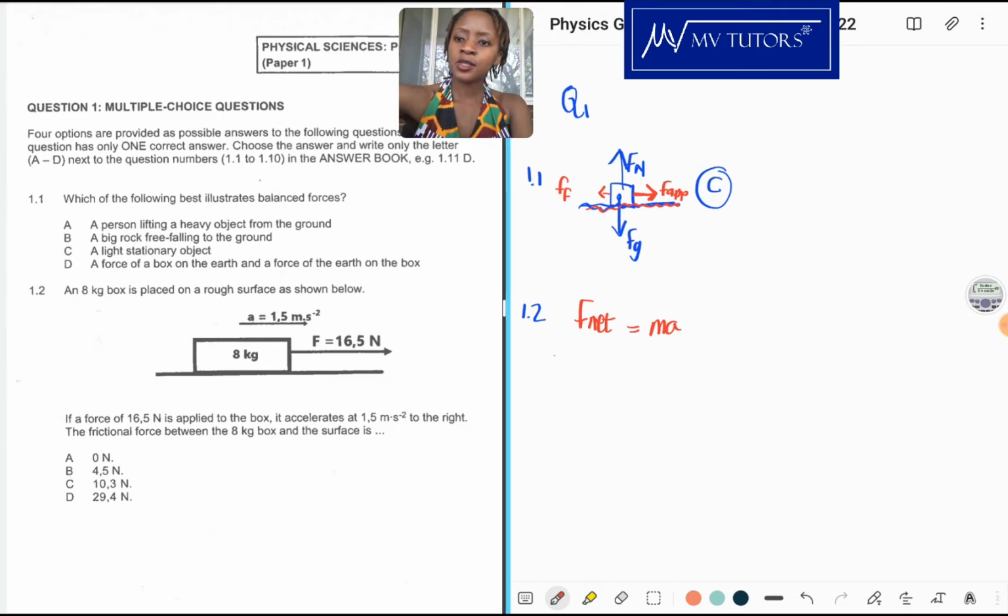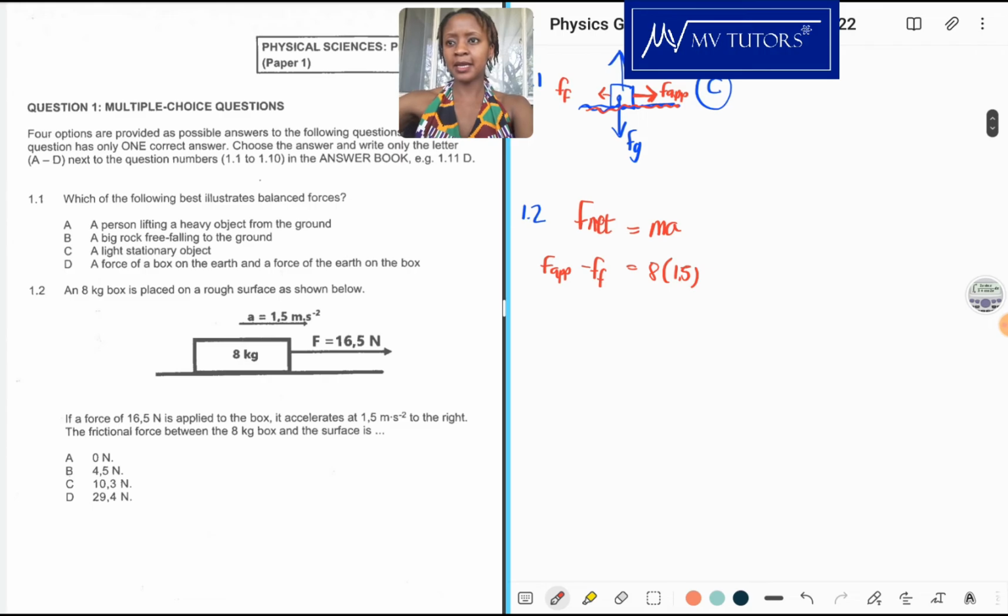The net force is your force applied minus your frictional force, or Fk, kinetic friction. Your mass is 8 and your acceleration is 1,5. So if we want to get the frictional force, it'll be 8 times 1,5 minus the applied force, which is 16,5.